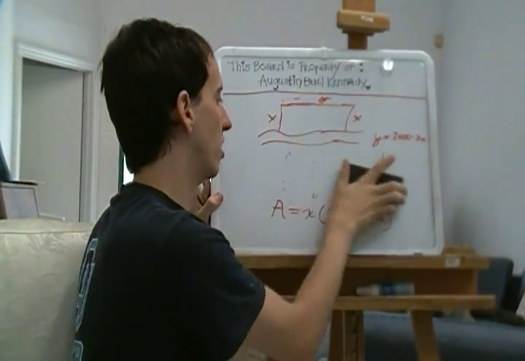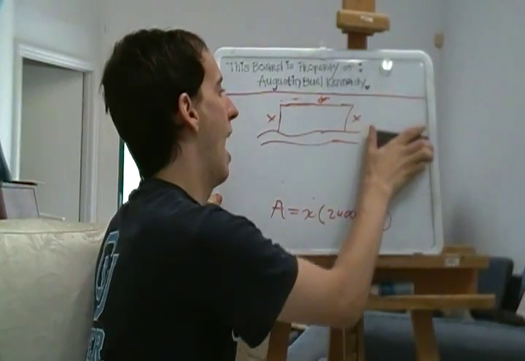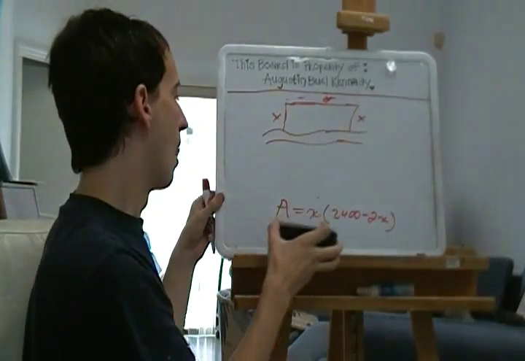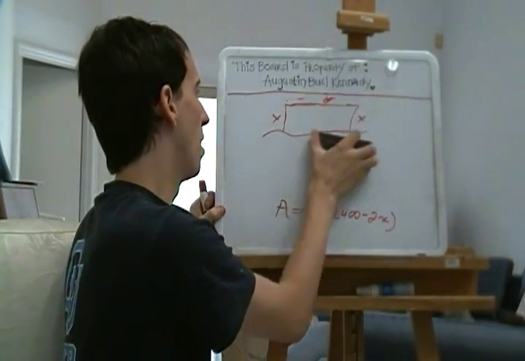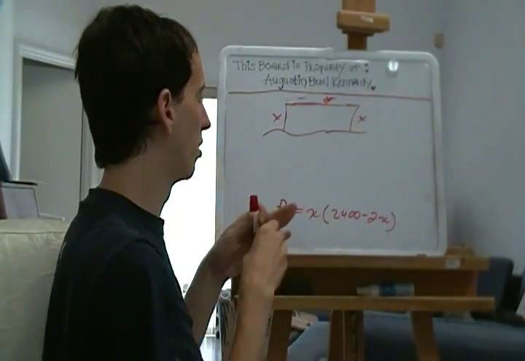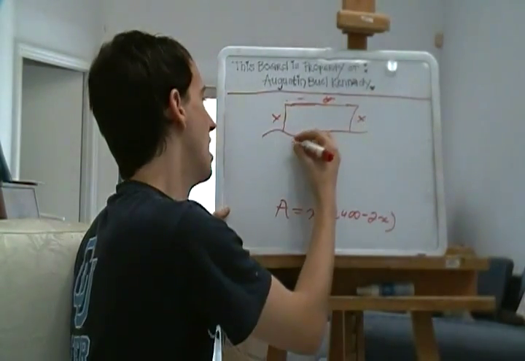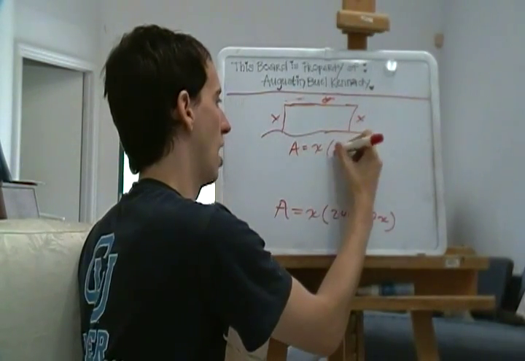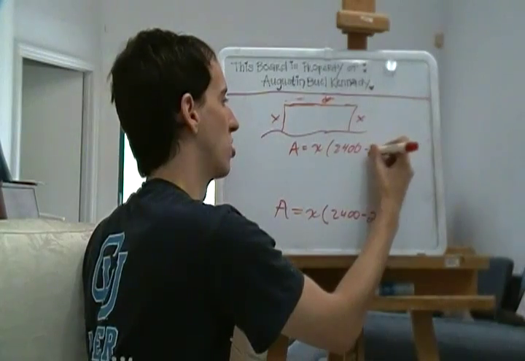All right, so let's erase a little bit of this, because now we have an explicit formula of what we're looking for. We are looking for some number. And the beauty with optimization problems is that the number will almost magically appear to you. x times 2400 minus 2x.